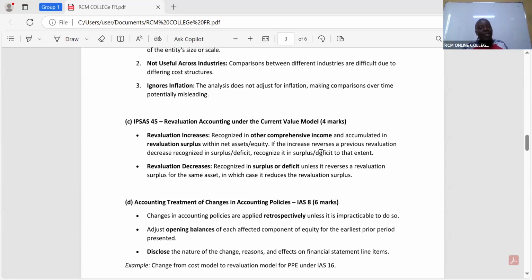If it's a revaluation increase, the moment I see you've mentioned that this increase will go to other comprehensive incomes, that's a student who is really very far ahead. And any revaluation decreases are recognized in the revaluation surplus. Actually, the best way is to recognize it in the revaluation surplus. Don't go talking about deficits. That alone is okay.